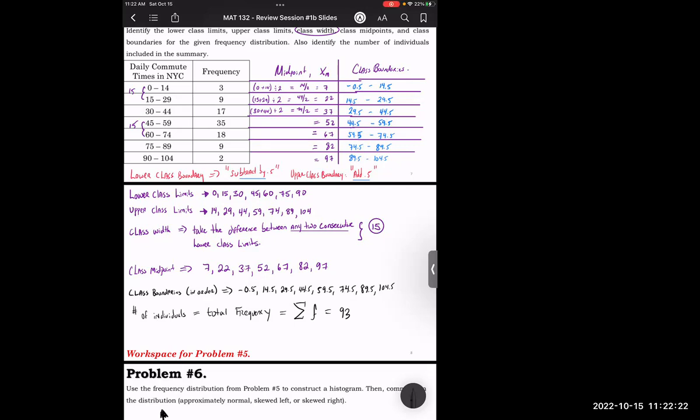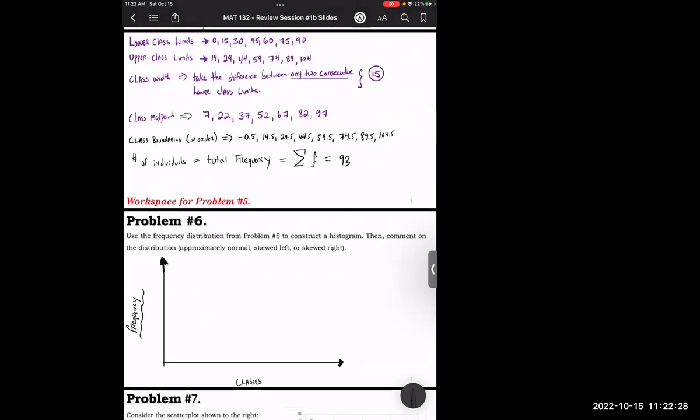By 5s. You can go up by 3s. 3s work, but you can also go up by 5s. I think I could go up by 3s. I think with 3s I could fit it all. So 0 is where both of the axes meet, and now I'm going up by 3s.